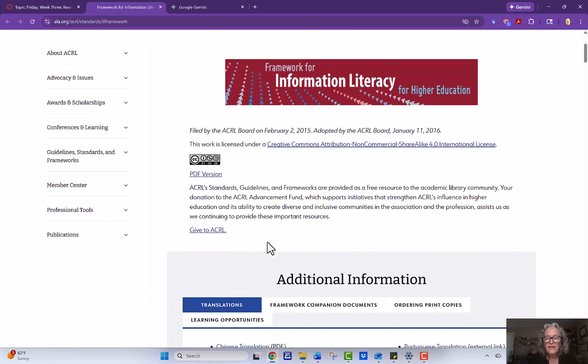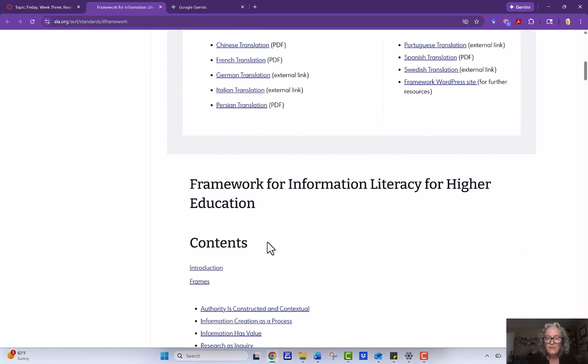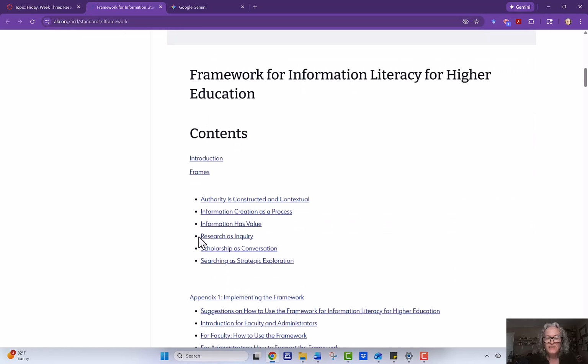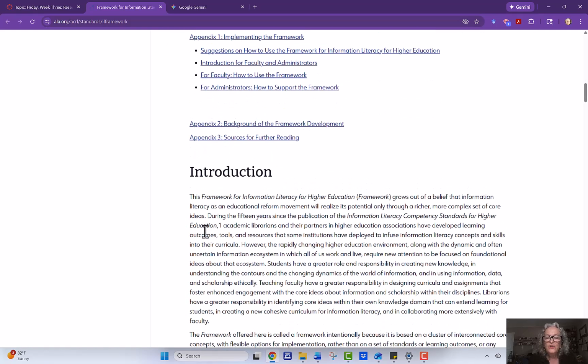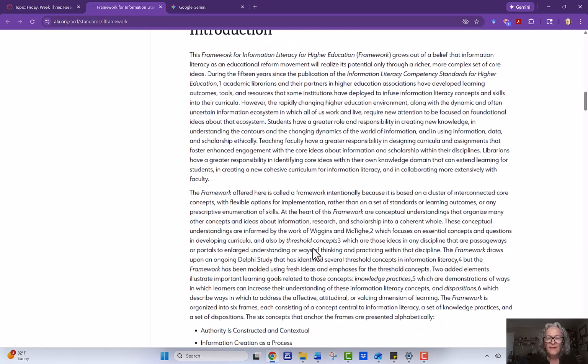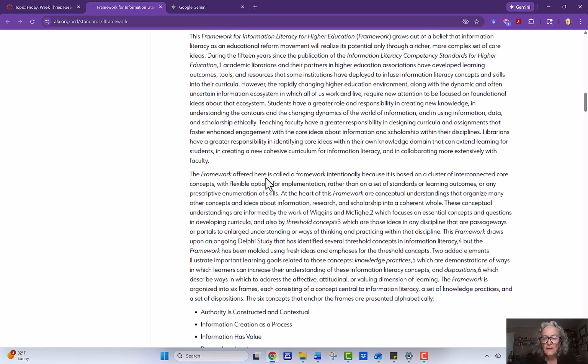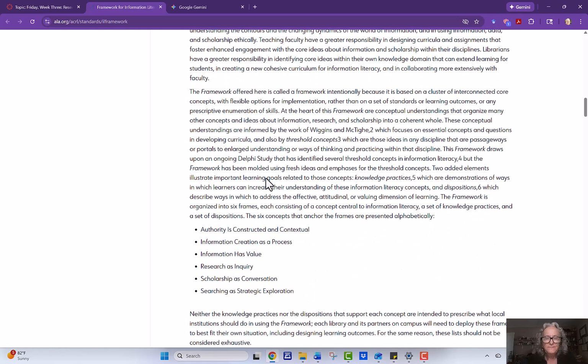You're going to have to click down, just keep scrolling down. Here's the contents of it, and you can use these if you want to, or you just keep scrolling down. You're going to read the introduction. This talks about the framework and what it is and what it means to be educated in literacy.